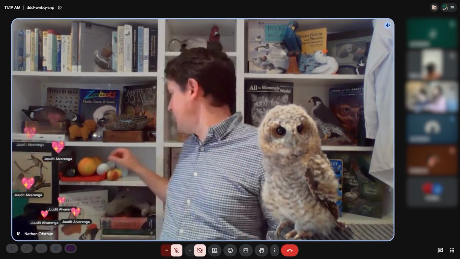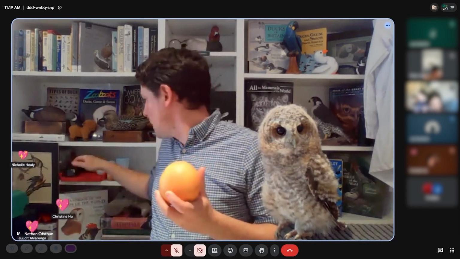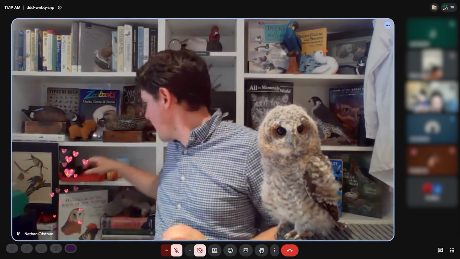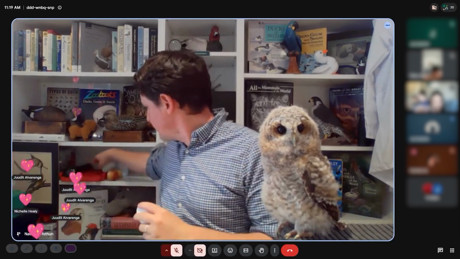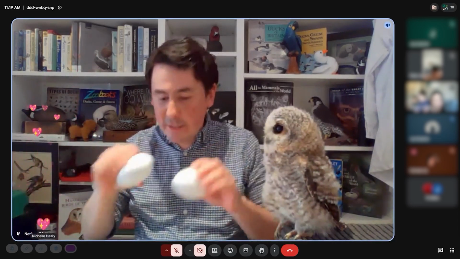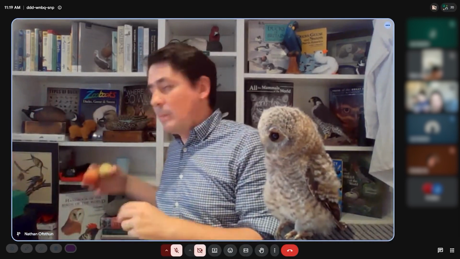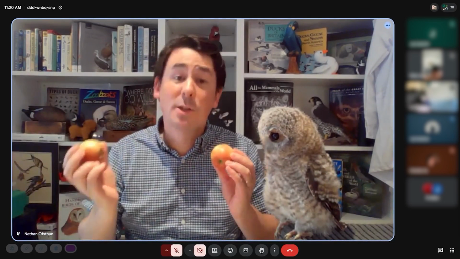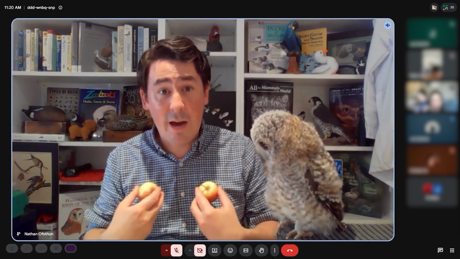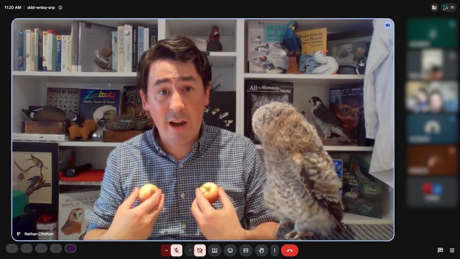So what I've done is I have on my desk a few objects. I have 2 grapefruits, 2 goose eggs, and 2 small apples. What I'm going to do is have you all imagine that I am an owl with the proportions of an owl.